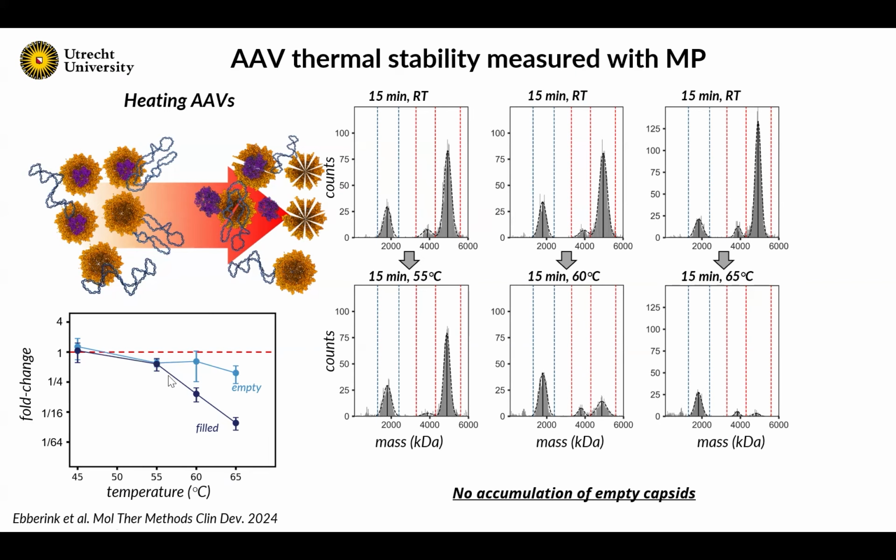For the filled ones, you really see that it changes much more dramatically with increased temperature, while the empty particles remain a little bit more stable, perhaps. At least we do not see a huge increase or accumulation of empty capsids that we might have thought to see if the genomes are just released upon heating from the filled capsids, and we end up creating more and more empty particles, which does not seem to be the case.